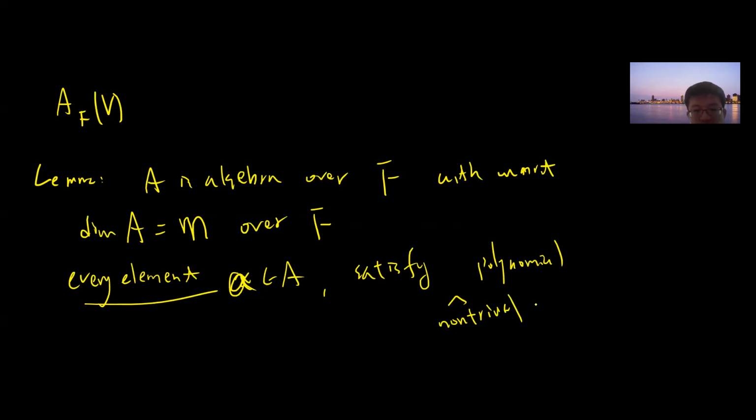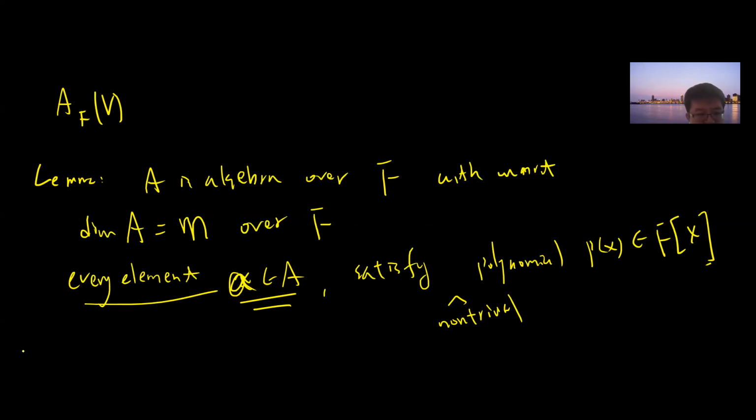Non-trivial means non-zero. So there is a non-trivial polynomial p(x) in F[x] such that p(a) is 0, and the field can be chosen as F.